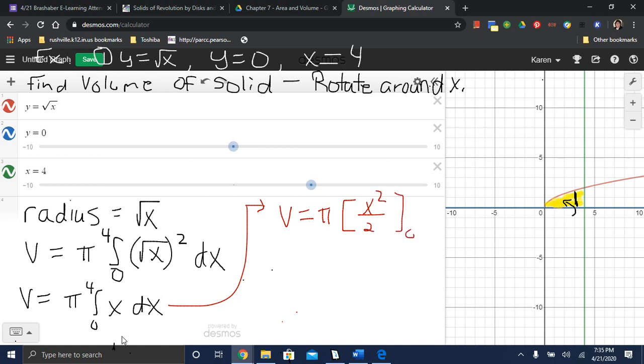That's evaluated from 0 to 4. Then we'll make our substitutions and have 4 squared over 2 minus 0 squared over 2. And that's going to give us 16 over 2, which is 8. So 8 pi. And again, that's the volume of the shape that would be found if you rotated that flat surface around the x-axis.